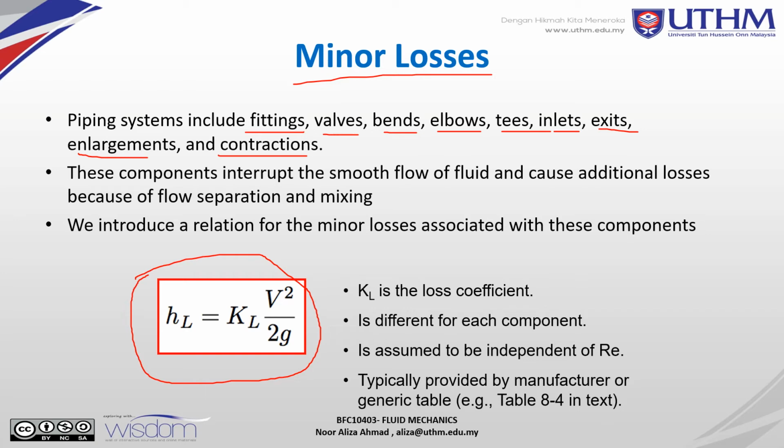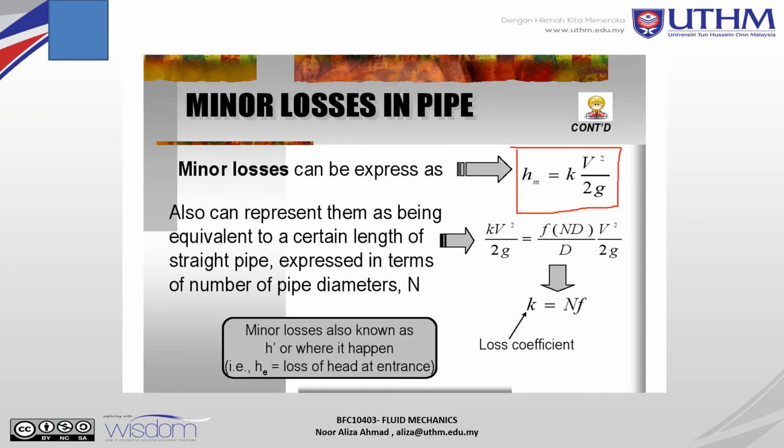KL is the loss coefficient. The loss coefficient is different for each component. So we look at the minor losses in pipe. Minor losses can be expressed by HM. Minor losses HM is equal to K, the coefficient, times V squared over 2g.